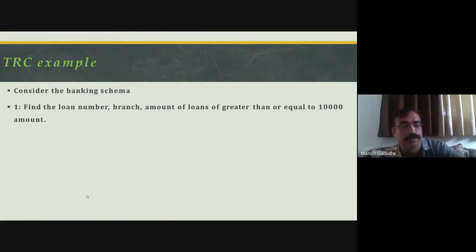Can you post the answer in the chat box? Write the query in SQL or in RA. Then we'll proceed, because that recall is needed. Please post. I am waiting.